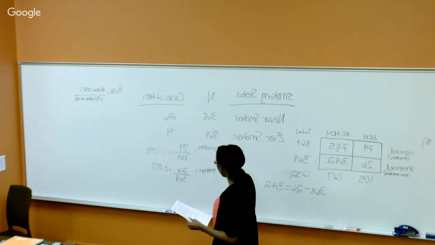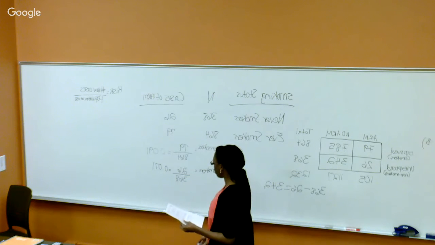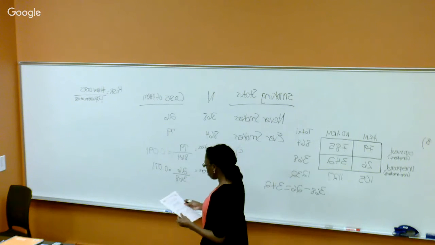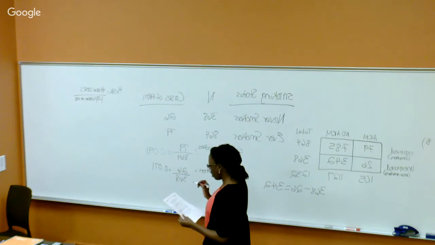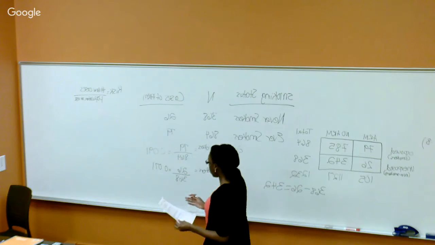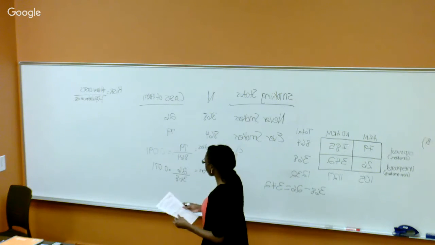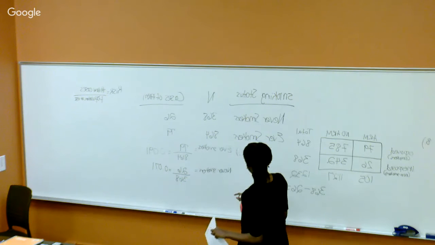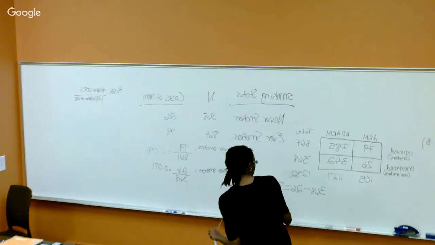Okay, so now we want to calculate the relative risk comparing ever smokers versus people that haven't smoked. And we also want to calculate the 95% confidence interval. So I'm going to erase some of this so we can make room.